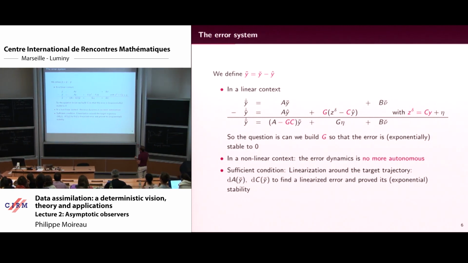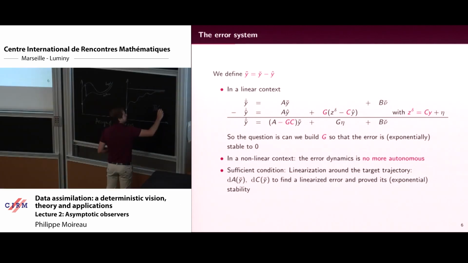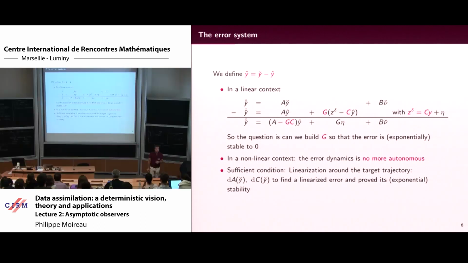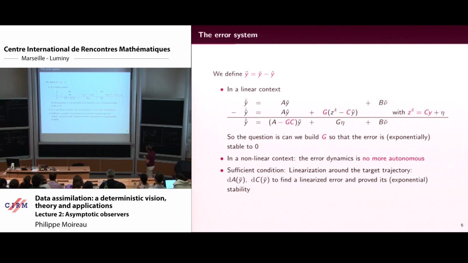For the estimator, basically the idea is to define a G, so a gain. For Kalman, you know that the gain will be given by P C star, but maybe we will be able to relax this choice. So you define a gain G, and then you subtract the two solutions, and you get that here.